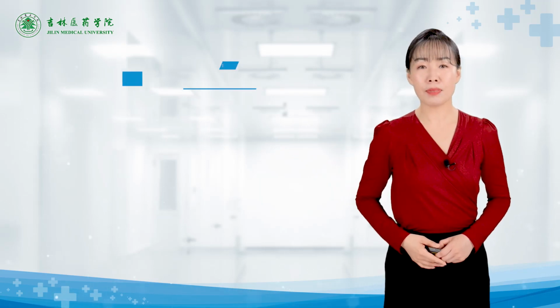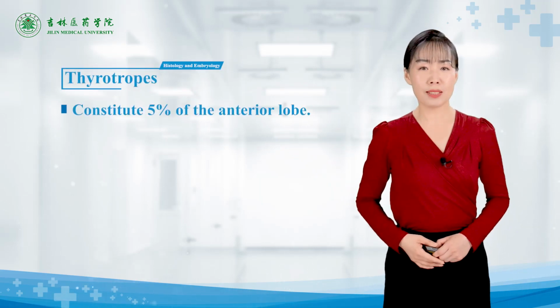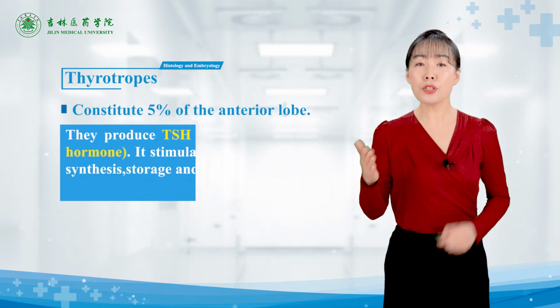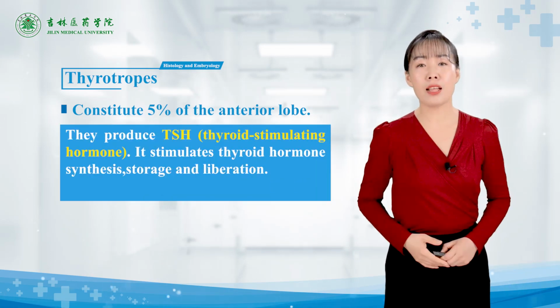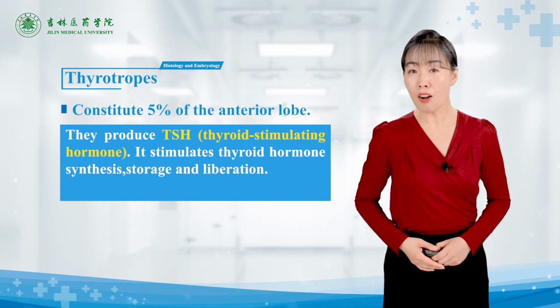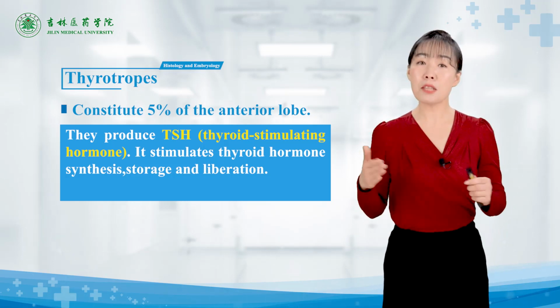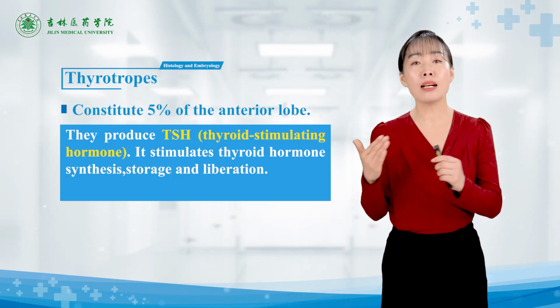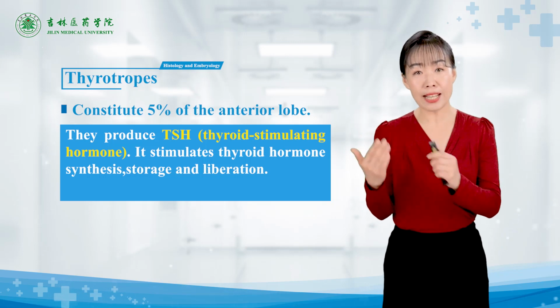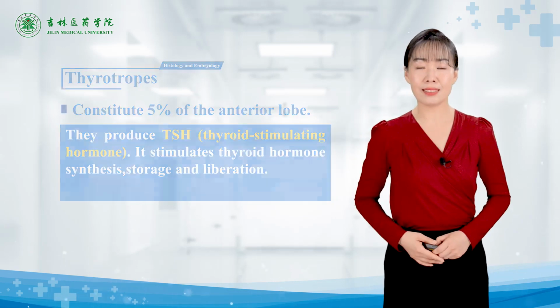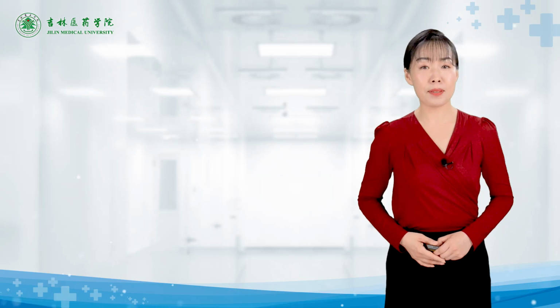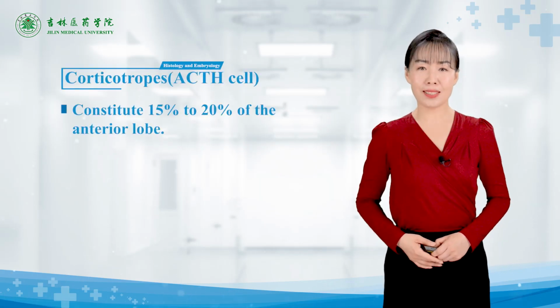Basophils, 3 types. First type, thyrotropes. They produce TSH, thyroid stimulating hormone. It stimulates thyroid hormone synthesis, storage, and liberation. Second type, corticotropes.